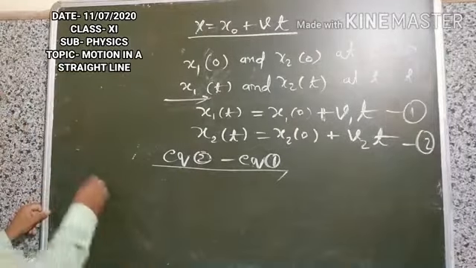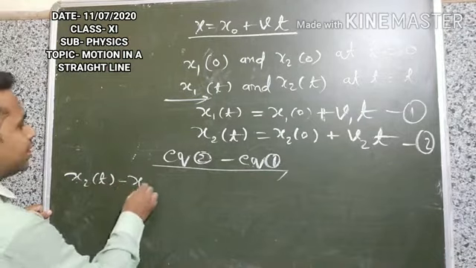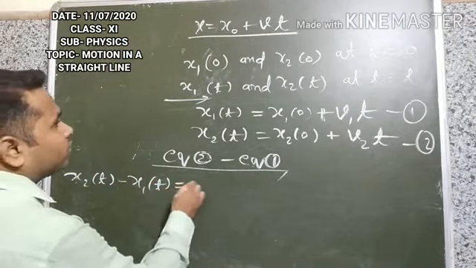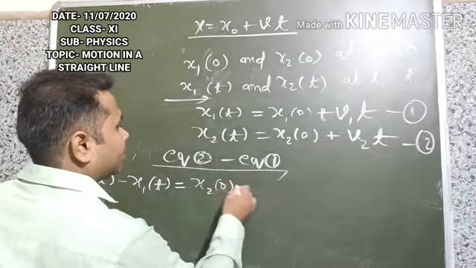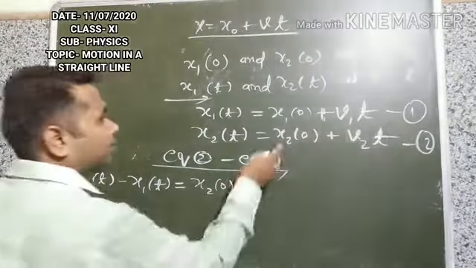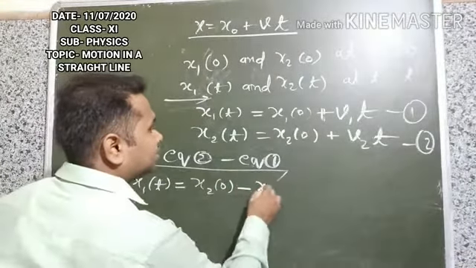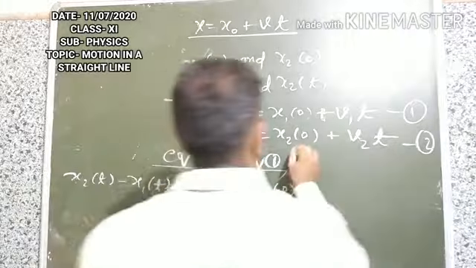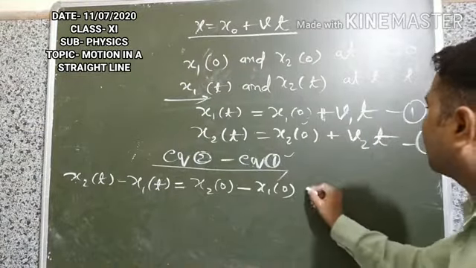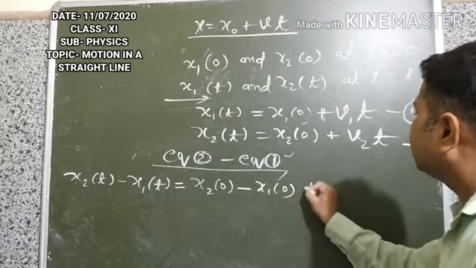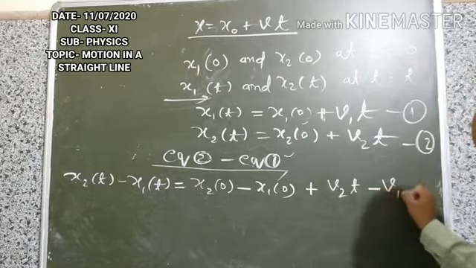What happens? x2t minus x1t is equal to x20 minus x10, I am arranging these together, plus v2t minus v1t.